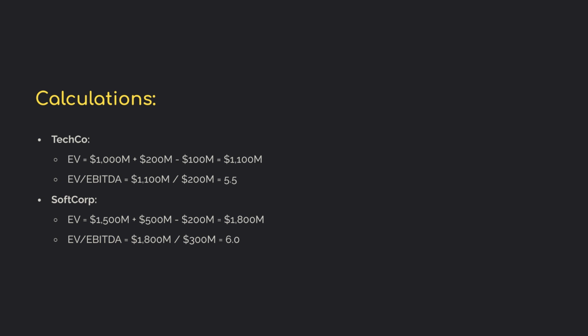SoftCorp, enterprise value equals $1,500 million plus $500 million minus $200 million equals $1,800 million. EV over EBITDA equals $1,800 million divided by $300 million equals 6.0.